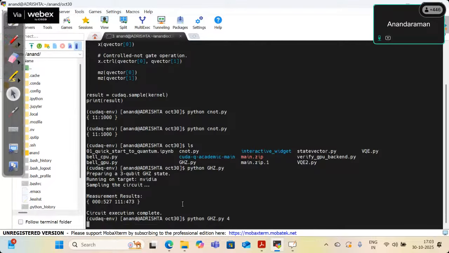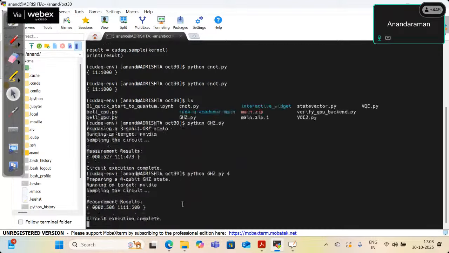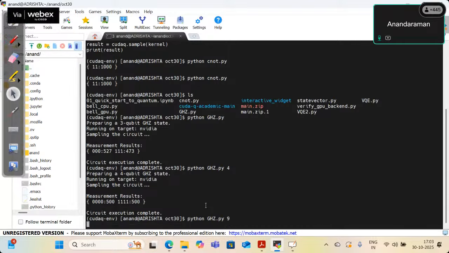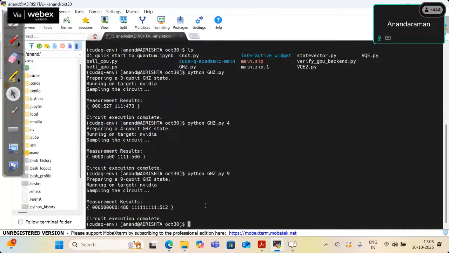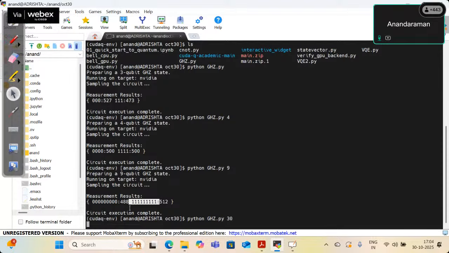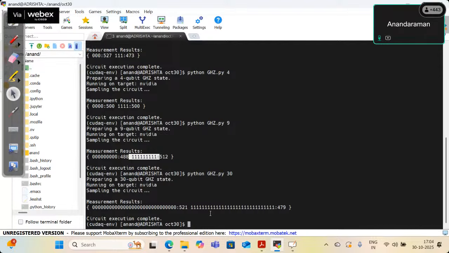If I put 4 qubits, I get 4 zeros and 4 ones. If I put 9, 9 zeros and 9 ones. Similarly, I am putting 30: 30 zeros and 30 ones, 521 times zeros and 477 times ones.